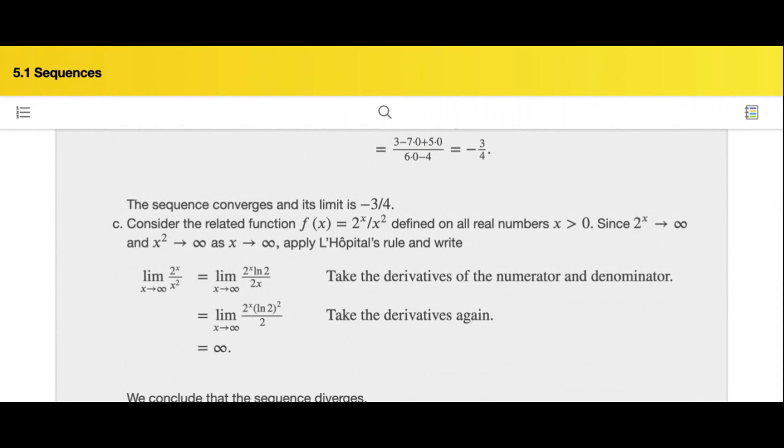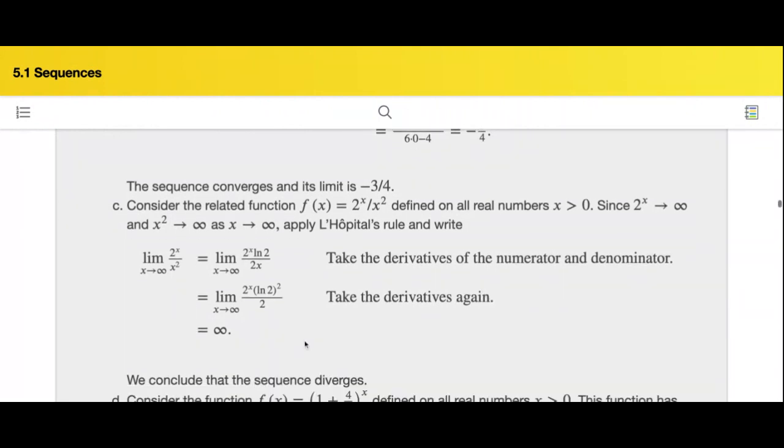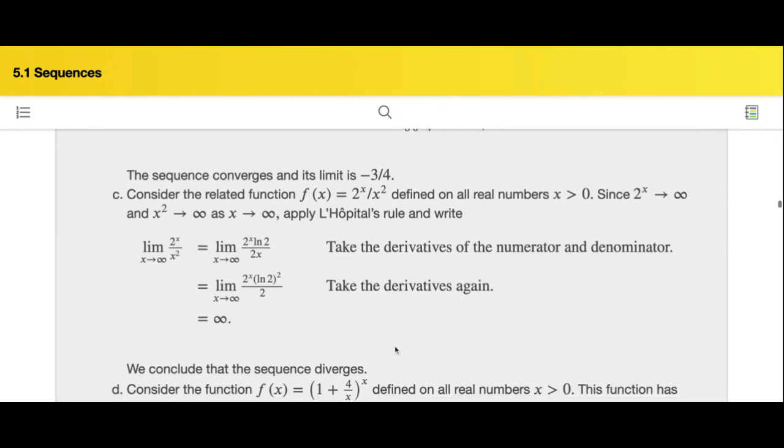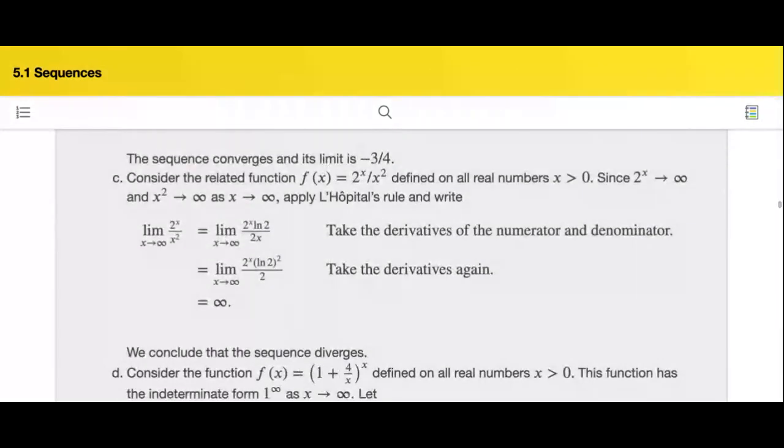So we want to see who grows faster, whose rate of change dominates. In this case, of course, the exponential function dominates. It grows very fast, the rate of change is much bigger. So this one diverges because it goes to infinity. Any questions?